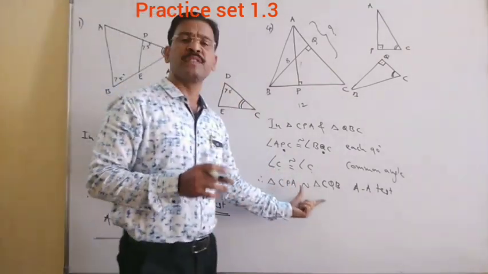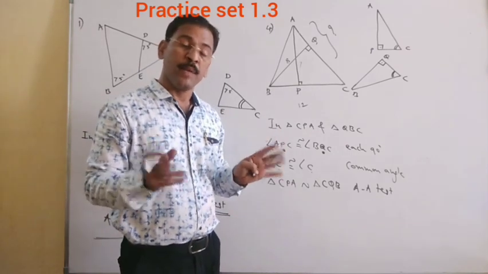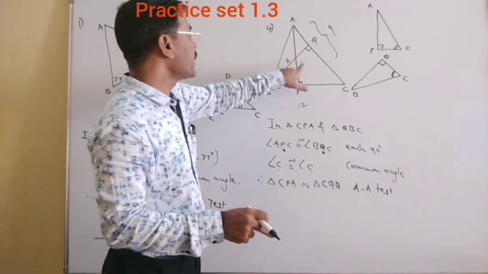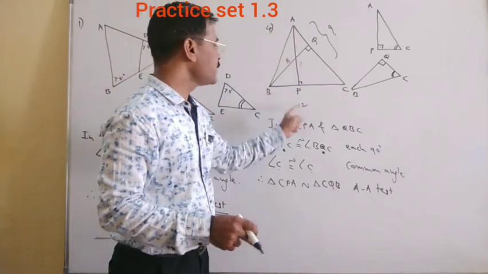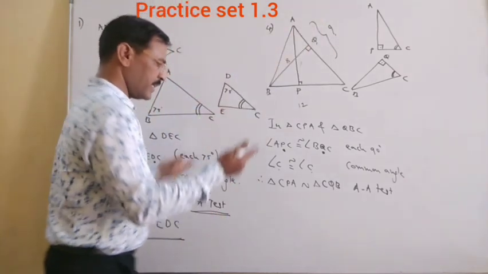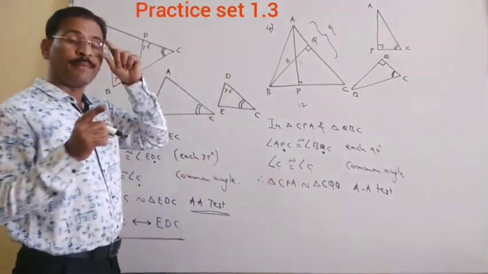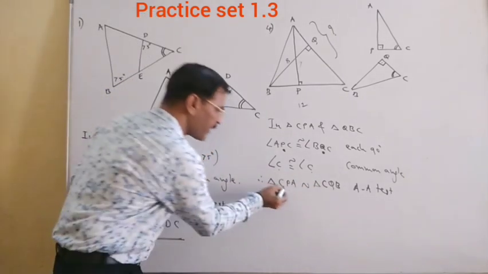Once these two become similar, then corresponding sides are in proportion. Yes, because of that reason, here AP is 7, BQ is 8, BC is 12, and AC we are going to find. And one more thing is very important. When the two triangles are similar, we have to write one-to-one correspondence. How can I write?